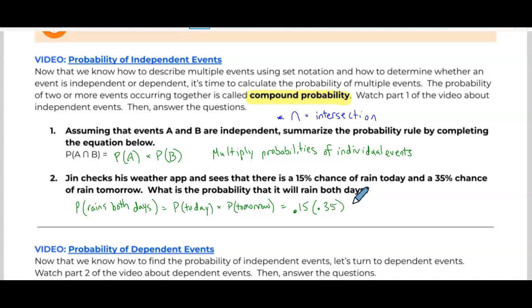If you multiply 15% times 35%, you get 0.0525, and that would equate to 5.25%. And that is the chance that it rains both days. Okay, so for independent events, we need to multiply the probability of each one separately. All right, let's go on to dependent events.